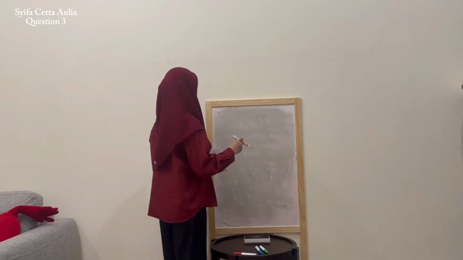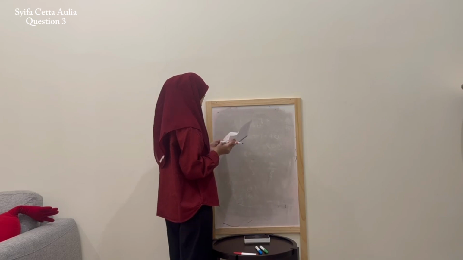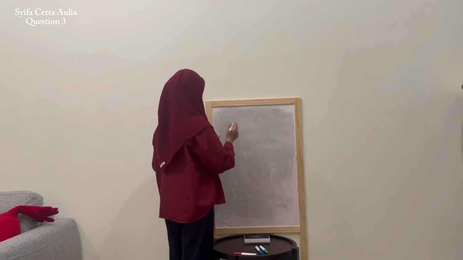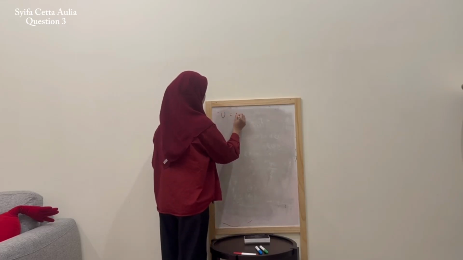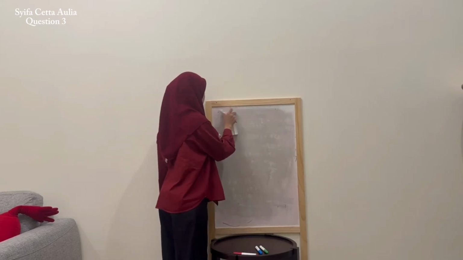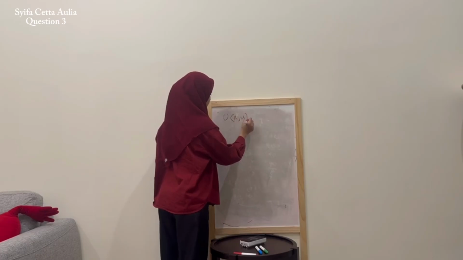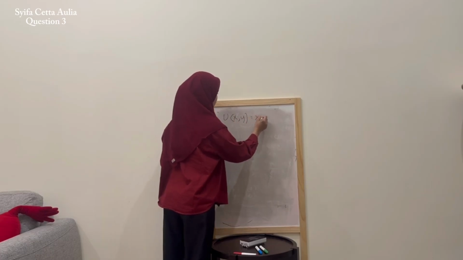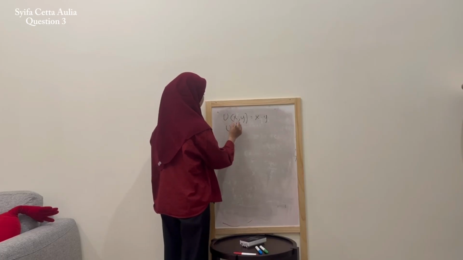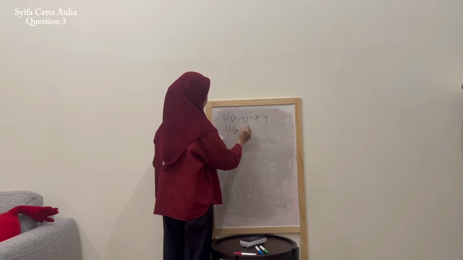Then the maximum utility function is x times y, so that we know x is 5 and y is 10.